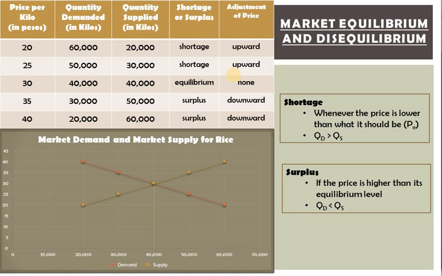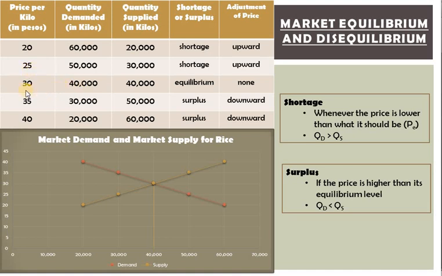Now, alright, so in our table, in our first schedule, mas mataas po ang demand kaysa sa supply. Anong ibig sabihin? Nagkakaroon ng shortage or kakulangan. Why? Madaming taong gustong bumili pero konti lang ang supply. So, anong gagawin natin sa presyo? Tataasan natin. Okay? Same thing with the second schedule, which is the representation of 25,000 or 25 pesos, I mean.